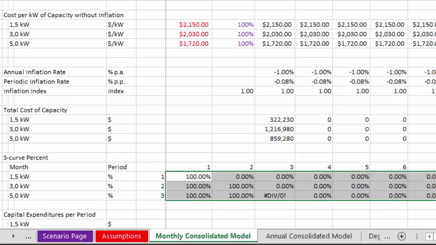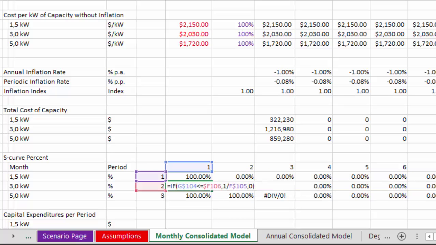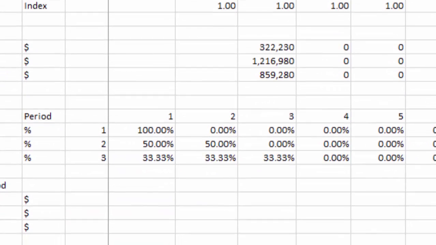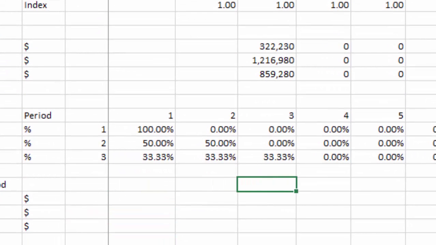And why didn't that still work? 1 divided by, excuse me. This is F4. Here we go. If it's not working, I'm going to turn it off. So we have the 3 S-curves, and now let's see how we can do this.